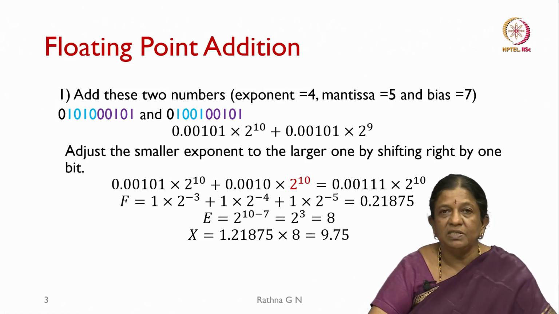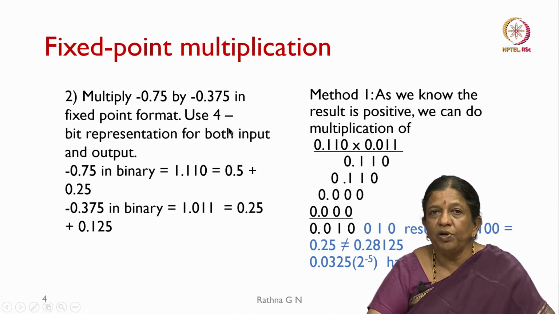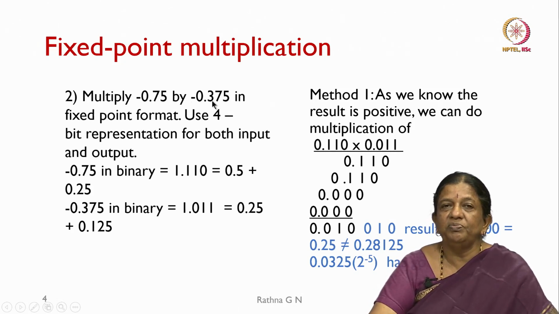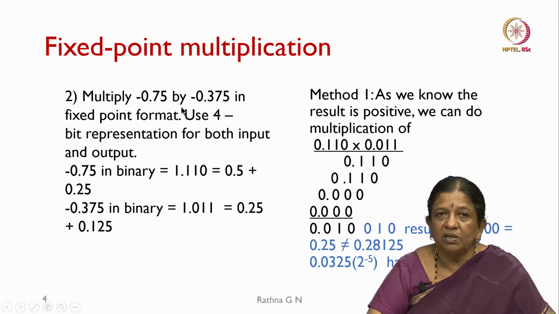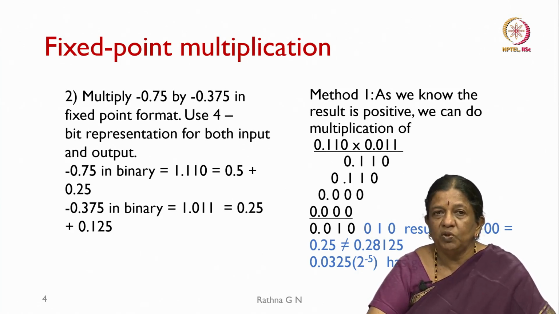So, this was the first assignment problem I had given. The second one was fixed point multiplication. The numbers were given as minus 0.75 and minus 0.375. I told you not to use that, since the result is going to be positive. Still, we will work out both the methods and see how the result is the same in both of them.